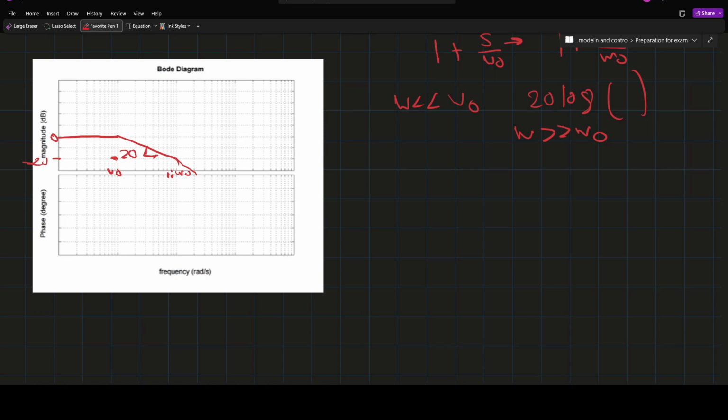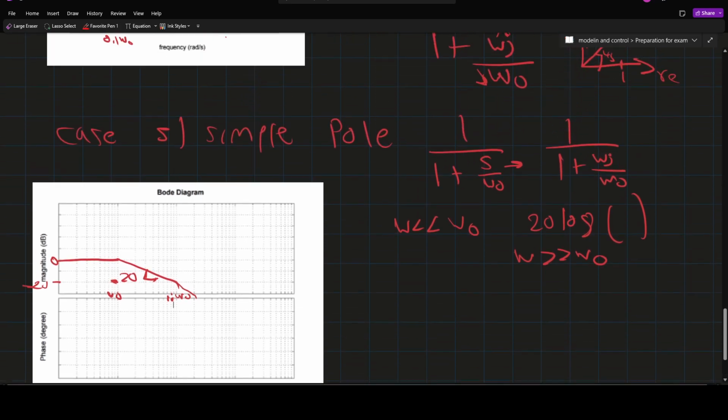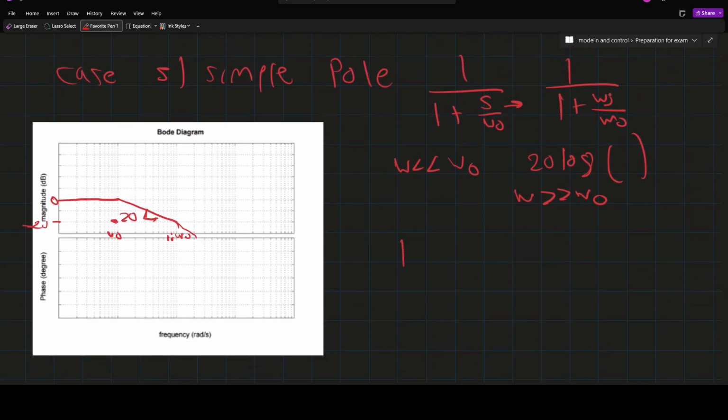Okay, and in terms of the angle, in this case, when omega is a lot smaller than omega naught, this is going to be 0, so we are just going to have the real part. So until omega is a really small part of omega naught, we are just going to have 0 degrees.